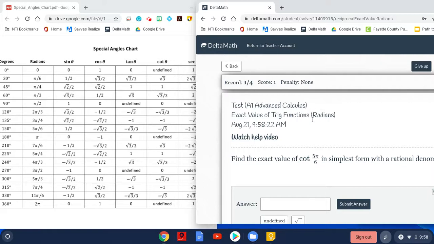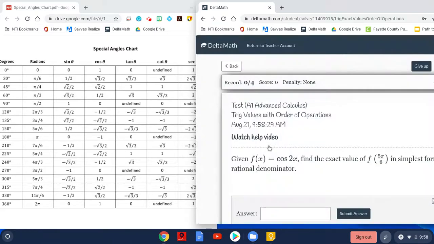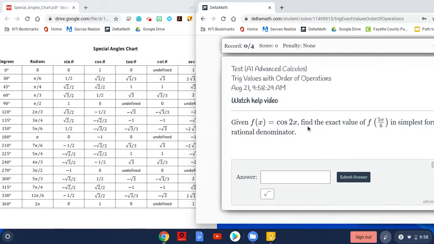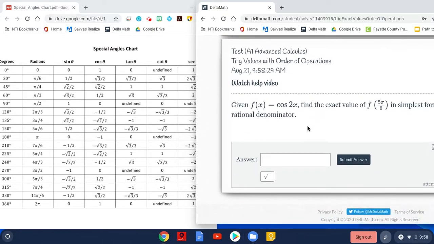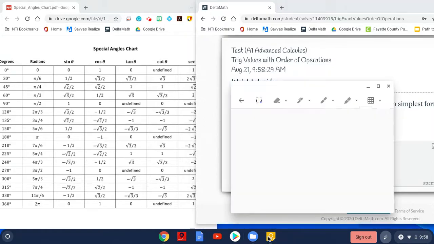So you have a couple like that. Let's see this next one. Sometimes I'll ask you for a cotangent. But then in the second section, you've got some order of operations. That's where you've got to do a little bit more. I have given that f of x equals the cosine of 2x. Find the exact value of f of 5 pi over 6 in the simplest form with a rational denominator. So here I'm going to have to do a little work. Let me pull up my writing pad.